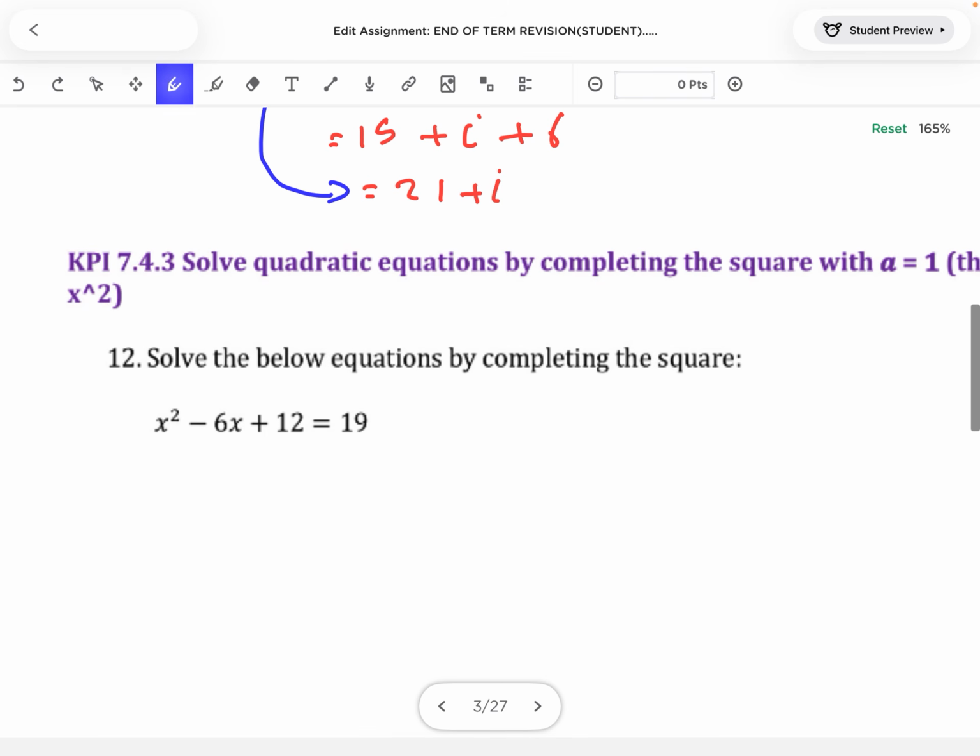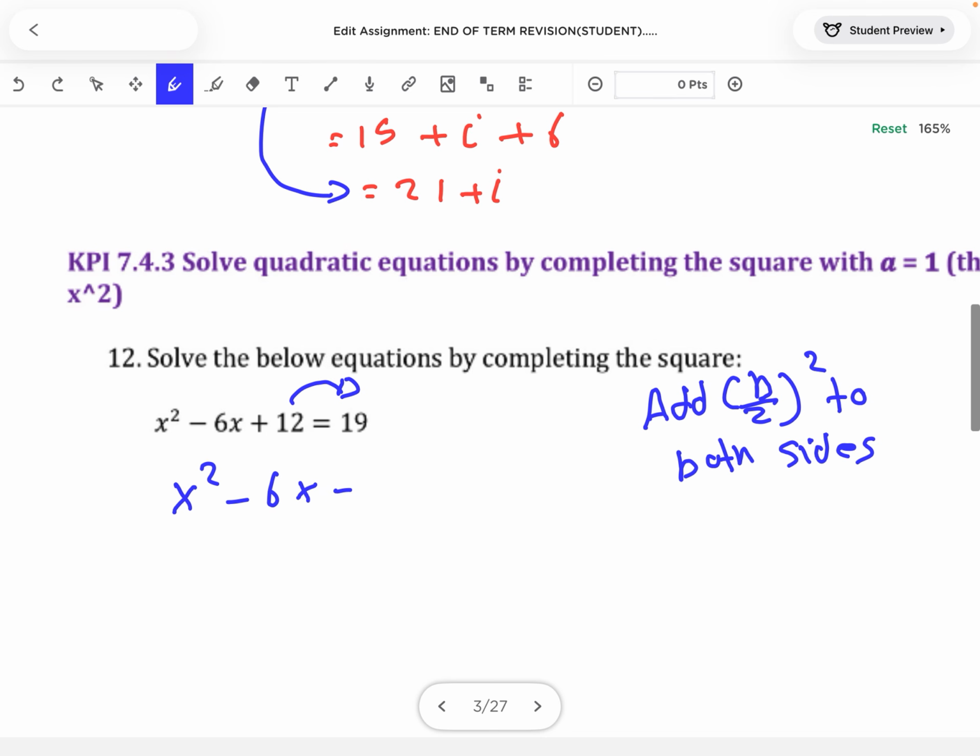Solve by completing the square. The idea of completing the square is we add b over 2 to the power 2 to both sides of the equation. I have to move 12 to the other side. So x squared minus 6x equals 7.